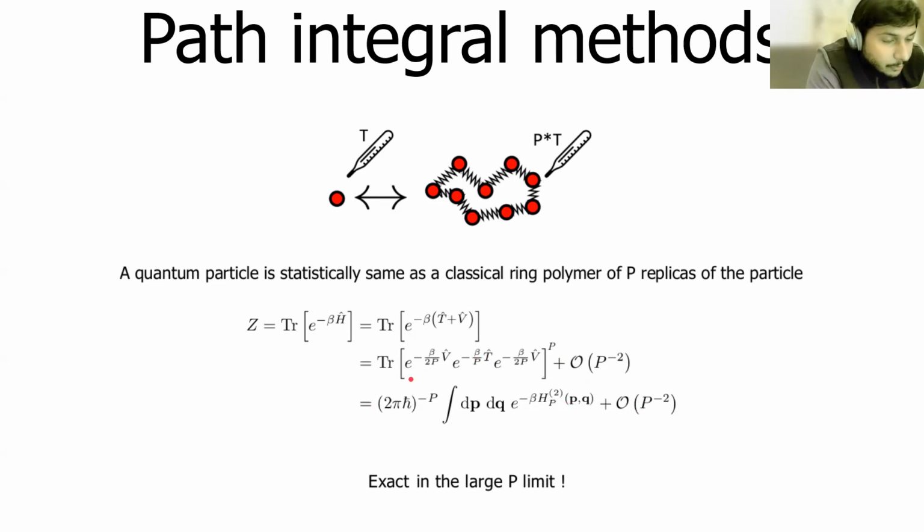And this, if you think about it, is the expression of a classical partition function because it's a phase space integral: integral over dp dq of exponential of minus beta H of p and q. So this really is a classical Hamiltonian, and if you perform an integral over its phase space with this particular factor, that gives you the partition function.